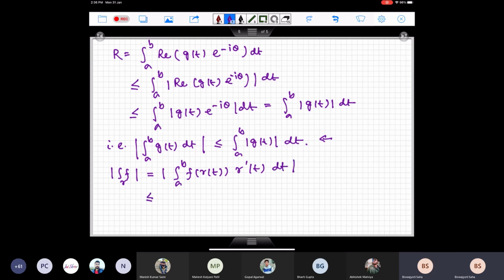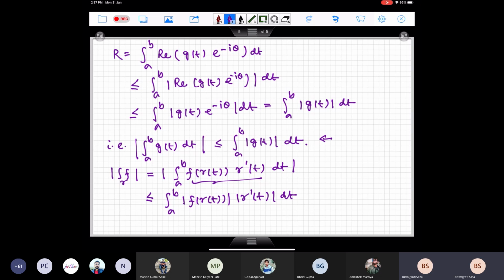Now I know that f was not defined on the closed interval [a, b], but the whole thing, f composed with gamma of t times γ'(t), is defined on the closed interval [a, b], or on subsets of R. So therefore here I can say that this is less than or equal to the integral from a to b of mod f(γ(t)) times mod γ'(t) dt.